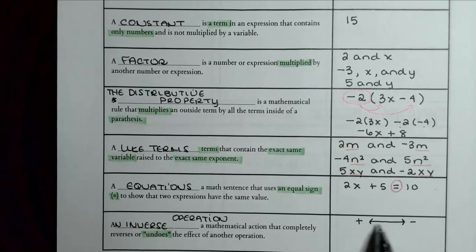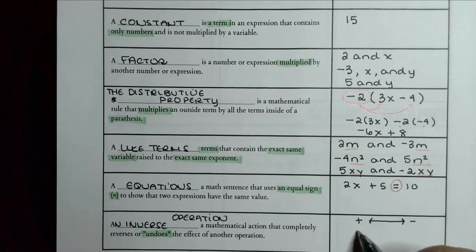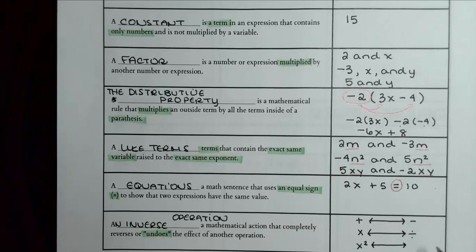Notice I use a double-sided arrow because addition also undoes subtraction. It works both ways. If I use multiplication, then division will undo it. And I'm going to throw an extra one in here. If you have something raised to the second power, which means it's going to be n squared, the opposite would be to square root it, because those are opposites of each other.